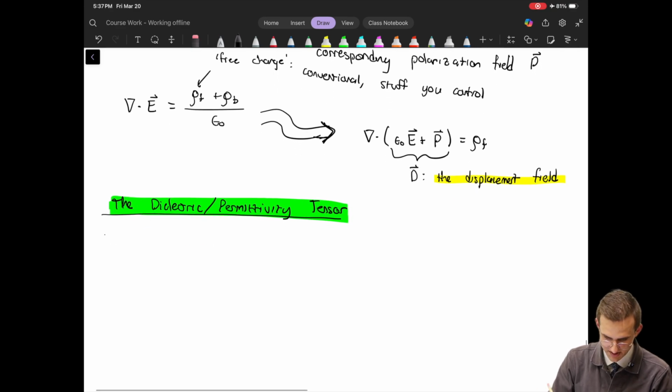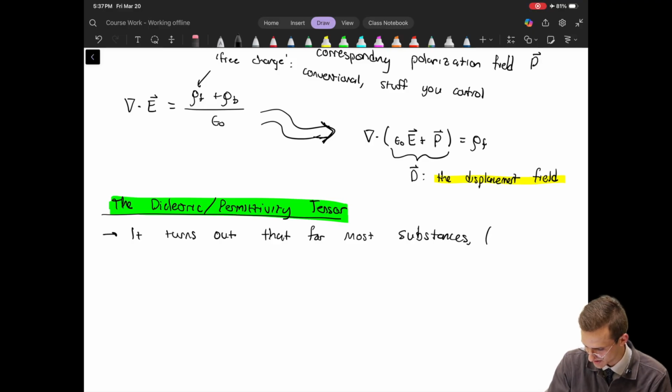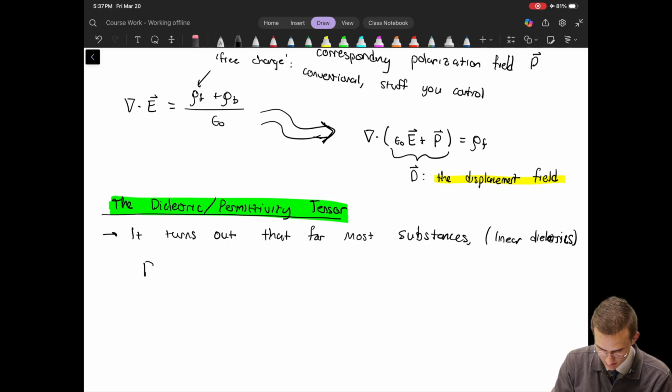So here's something about the polarization. It turns out that for most substances, which are actually just called linear dielectrics, if you're interested, (there definitely are nonlinear dielectrics), the polarization is always equal to epsilon naught times this tensor chi_e dotted with the electric field E. Okay?